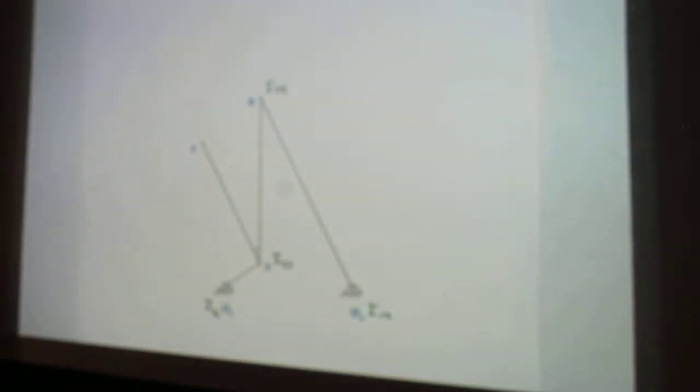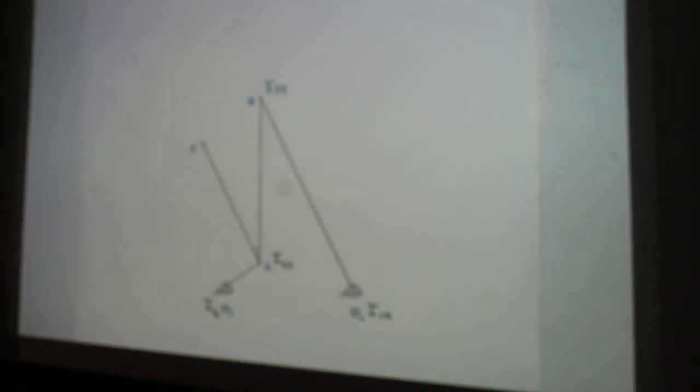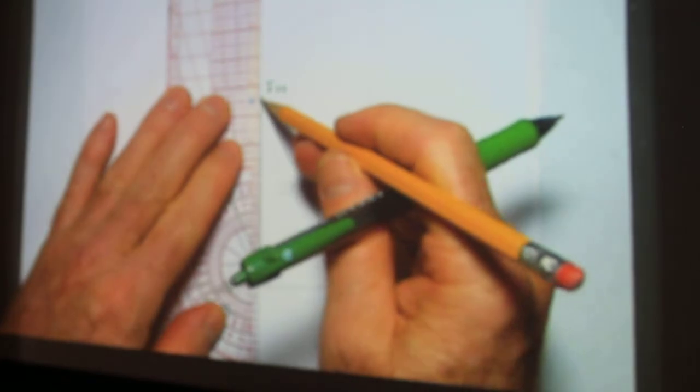Okay, so those are all the easy ones. Then I look at this right here. And this is where I24 is.